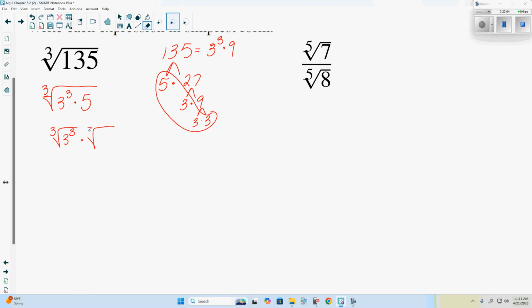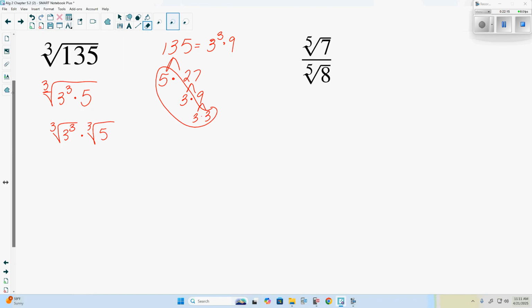Now to help us see how this simplifies, we can split this apart. We have two things being multiplied inside the radical. We can break it up as two separate radicals being multiplied together. Now the cubed root of 3 to the third does simplify. Because again, when we're simplifying this cubed root, we're trying to find a number times itself 3 times. And since here 3 is being multiplied by itself 3 times, the cubed root of 3 to the third is 3.